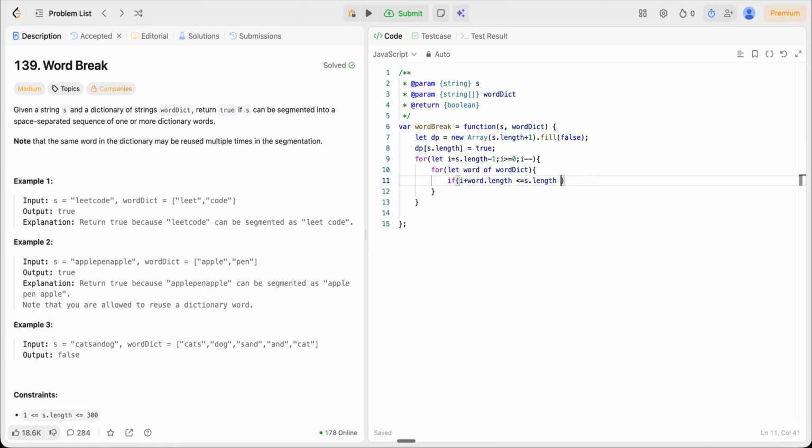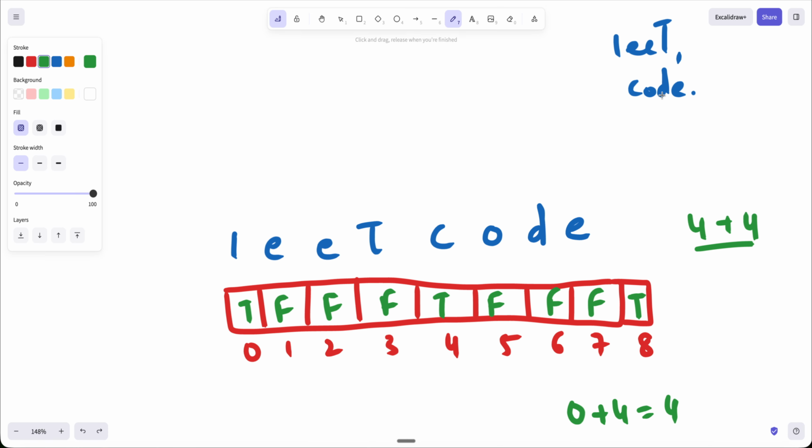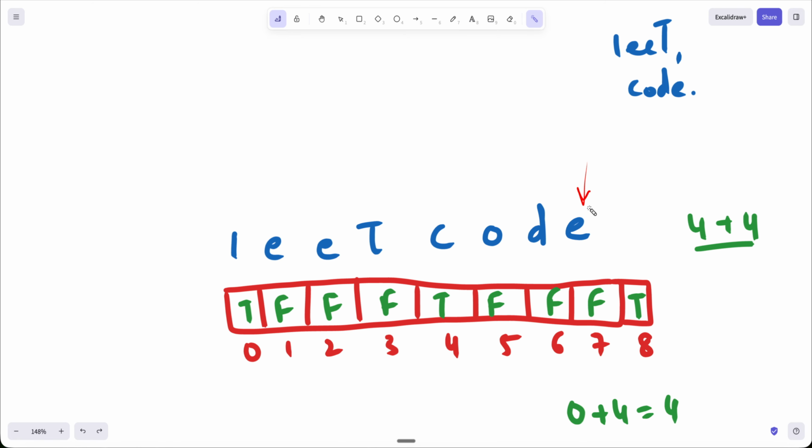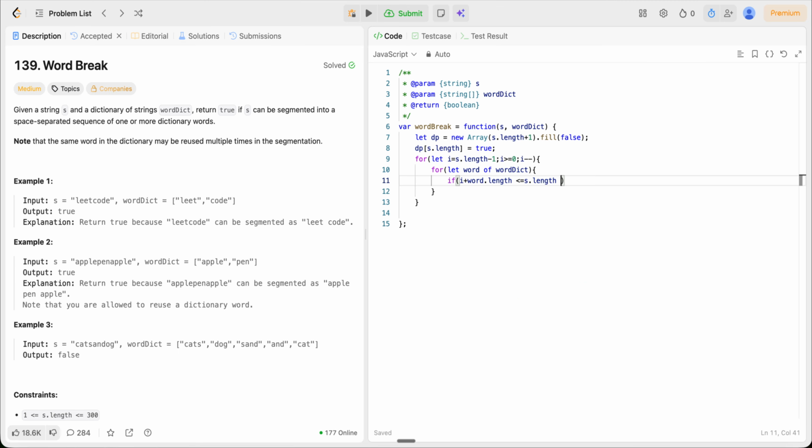For example, if I am at E, i is 7, plus word length here, which is 4 most probably, so 7 plus 4 will always be greater than the string length, so we are not going to take this index. Same thing here, right? We are not going to take these indexes, so directly we can eliminate them.